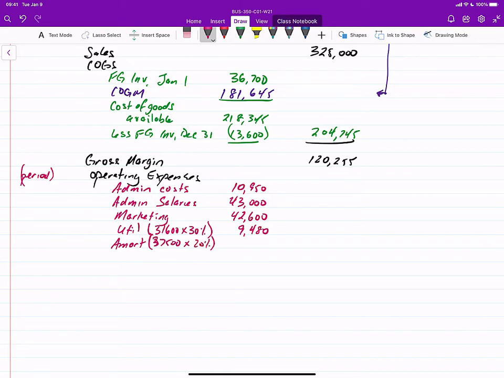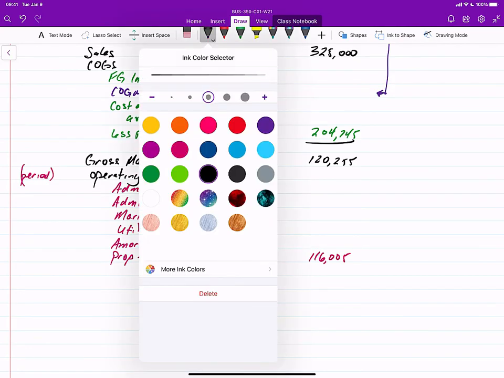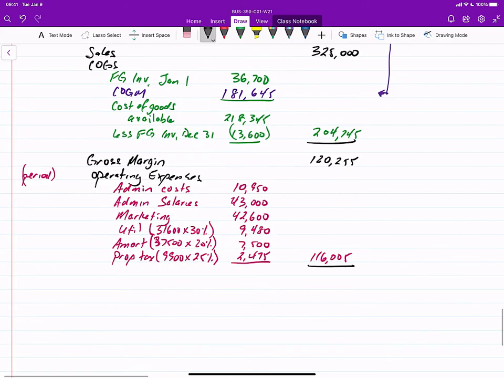So that's 7,500. And finally, the property tax was 9,900 multiplied by 25%. So it's 2,475. So all of those admin costs, operating costs, add up to $116,005. And then finally, that will give us our operating income of $4,250. And we are now done with this particular problem.